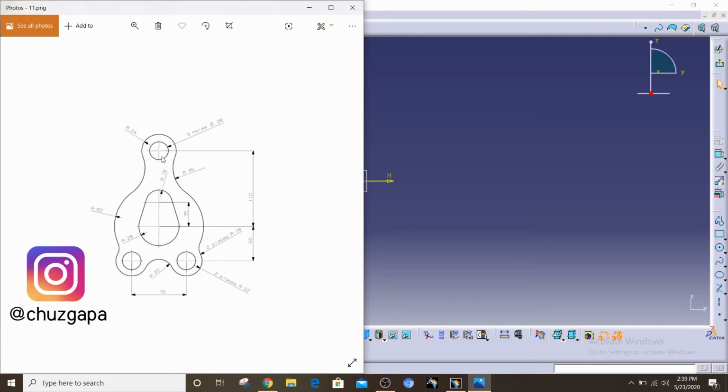So we can make use of the mirror property, draw one side, and then mirror along this vertical axis to create the symmetrical side on the other side as well. So we don't have to draw all of it one by one. You can do that, but it's going to take a lot of time and it's going to be highly inefficient.